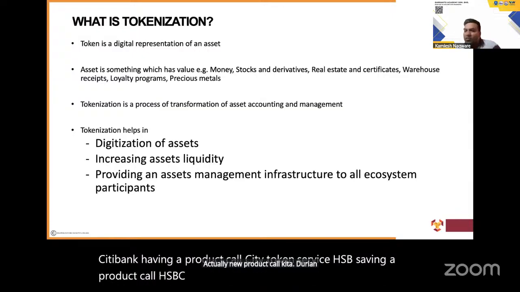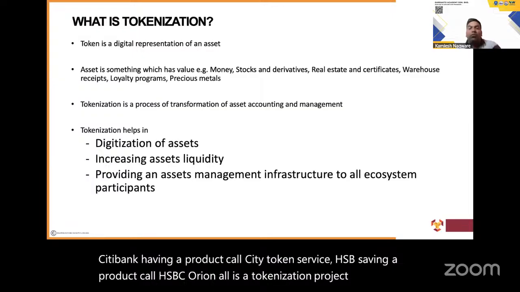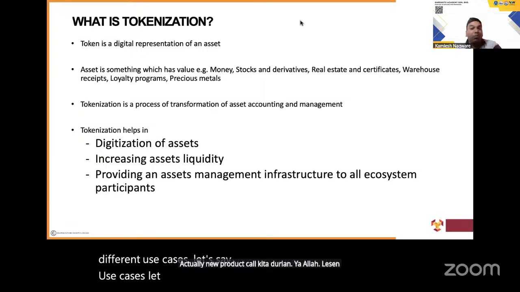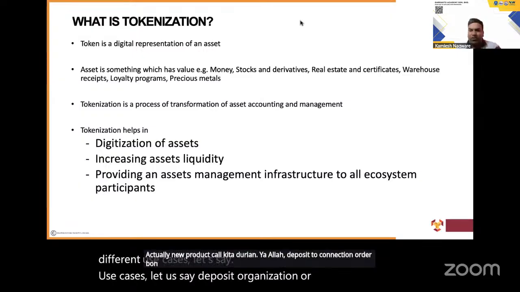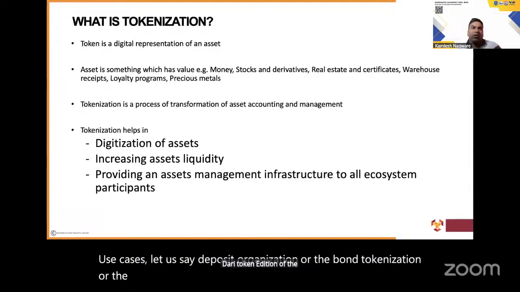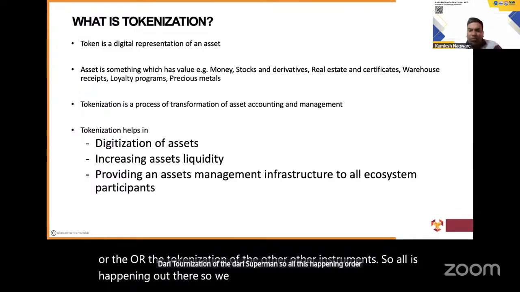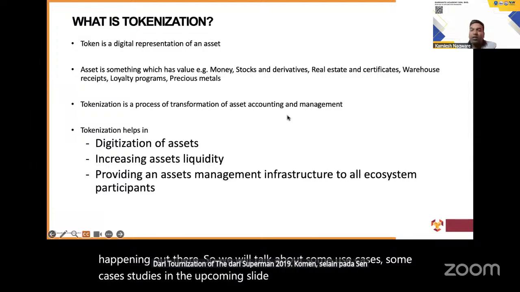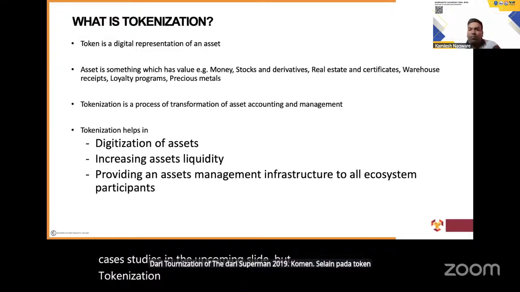All are tokenization projects for different use cases, such as deposit tokenization, bond tokenization, or tokenization of other instruments. So all of this is happening out there. We will talk about some use cases and case studies in the upcoming slides. But tokenization is simply representing assets in a digital form on the blockchain.